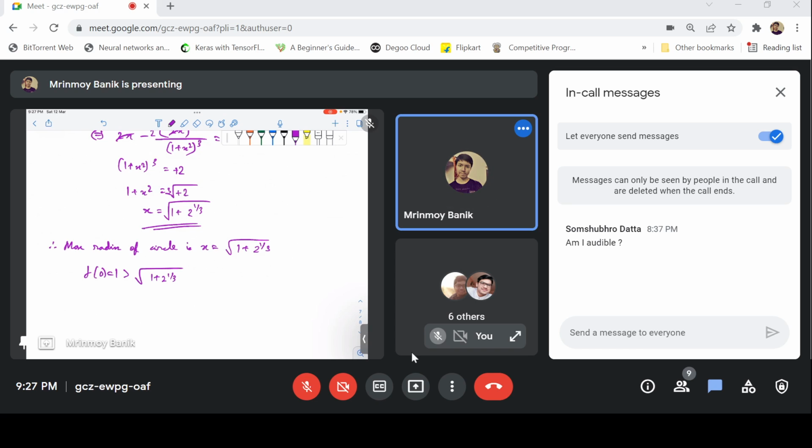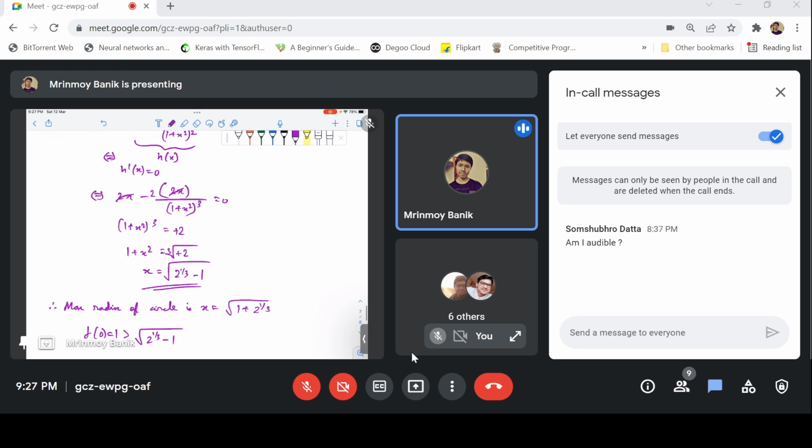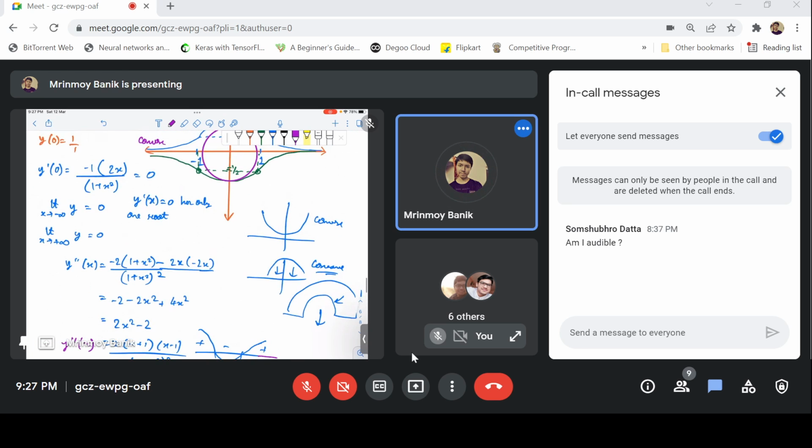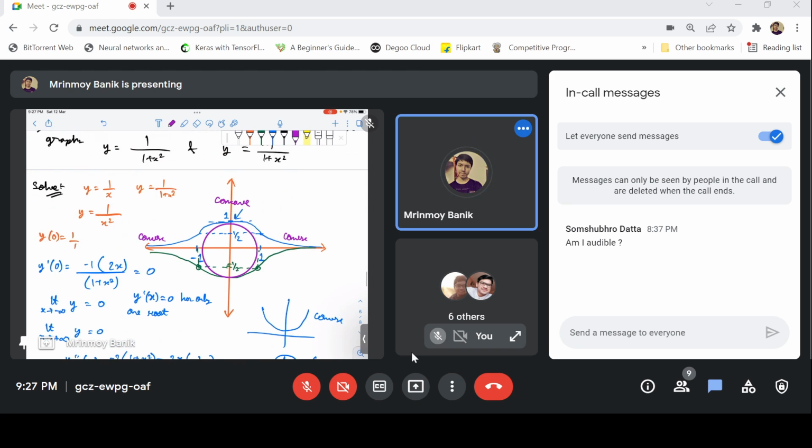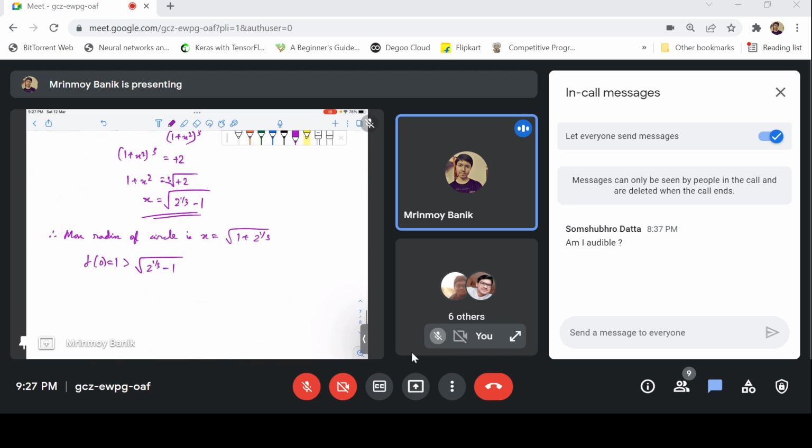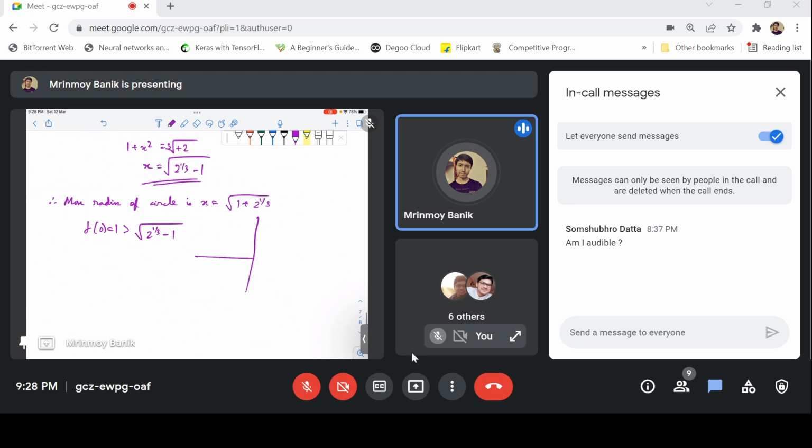No, sorry, right. This is 2 minus 1. Can't be more than 1, right? Since then, it will only obviously be outside this 0 comma 1 point. Yeah, so 2 square root of 2 power 1 third minus 1 is less than 1. So that means our circle will be something like this. The graph will be something like this and this.